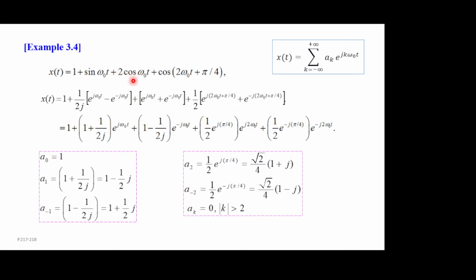And the cosine becomes 1/2, then the 1/2 cancels with your 2, then e to the jx plus e to the minus jx. And similarly for this cosine, e to the jx plus e to the minus jx, but now your exponent has an extra pi/4 here.